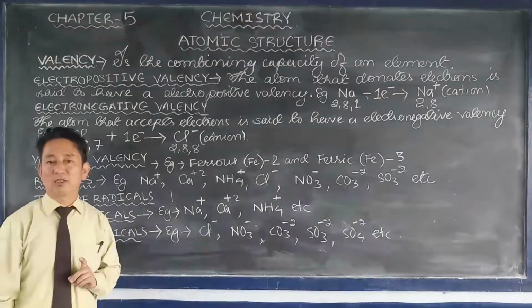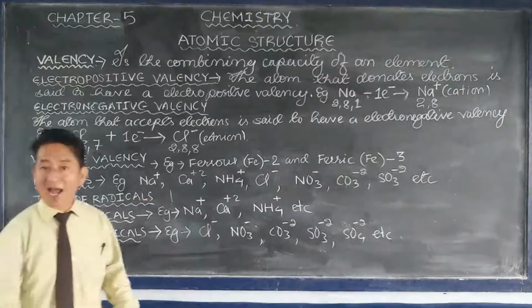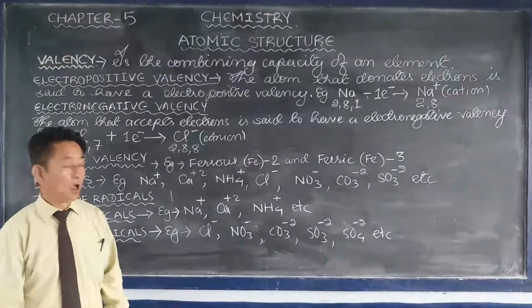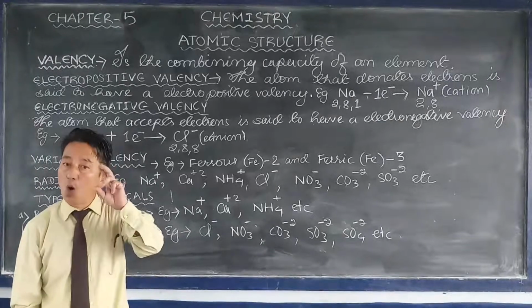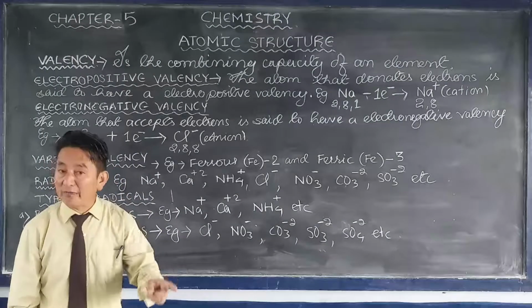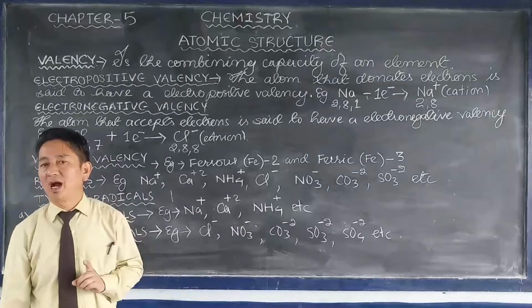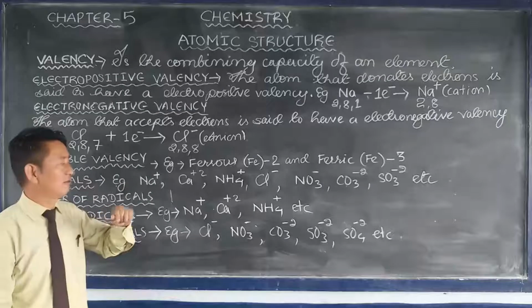Most of the metals have variable valency. For example, iron has 2 valencies, 2 and 3. For variable valency, we use the suffix OUS for lower valency and the suffix IC for higher valency. Here, iron exhibits variable valency.